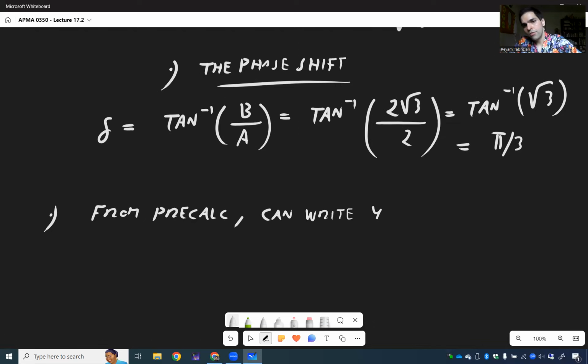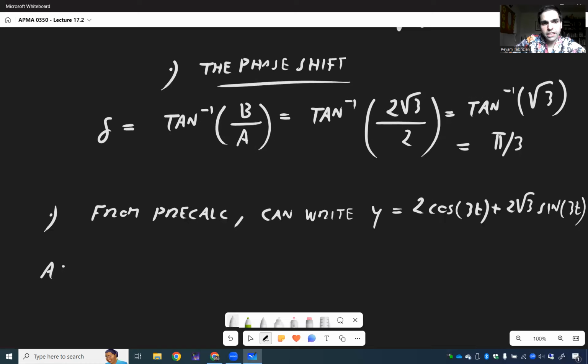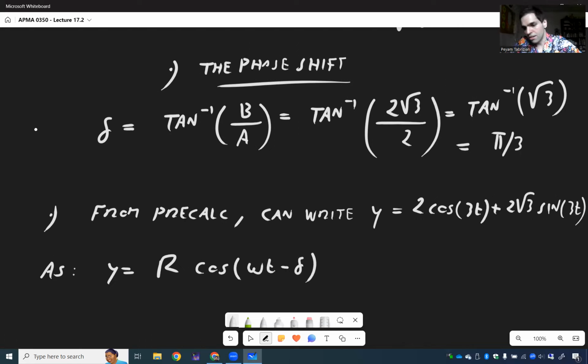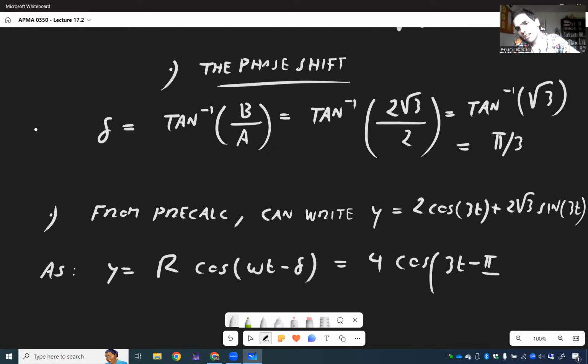Remember y was 2 cos(3t) + 2√3 sin(3t). We can write this as a pure cosine, namely R cos(ωt − δ). So in this case, 4 cos(3t − π/3).